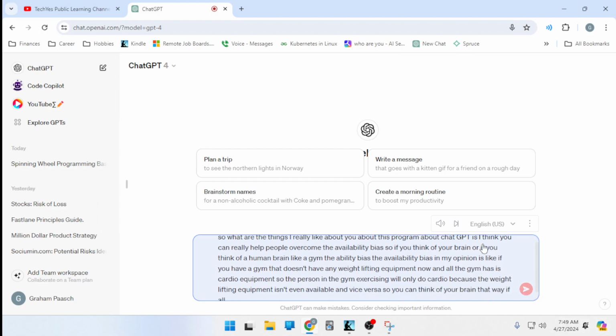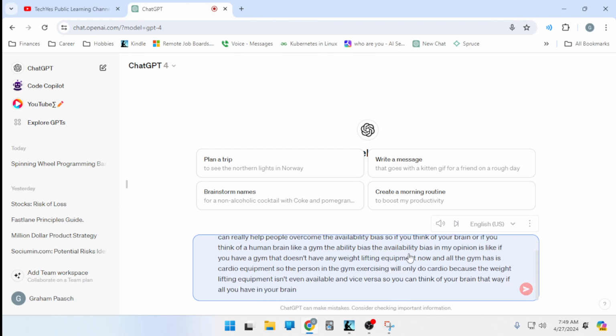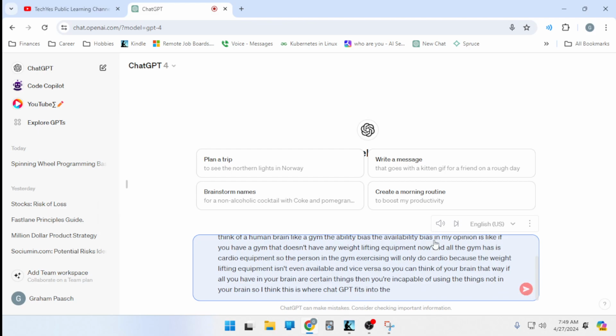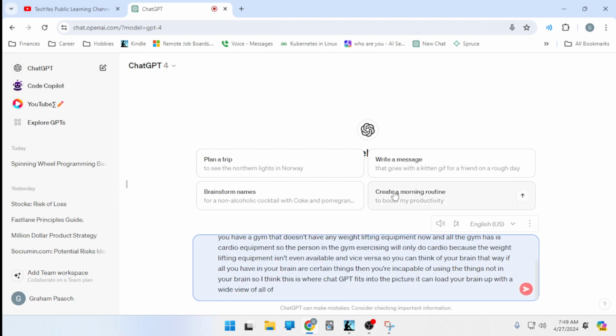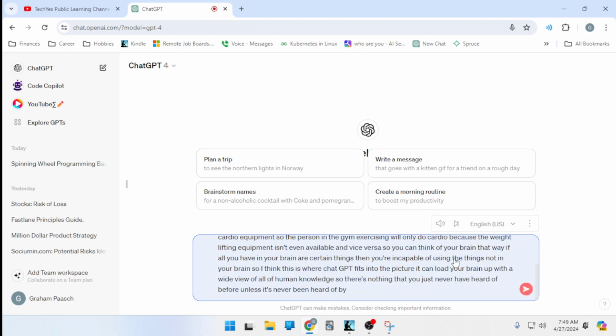If all you have in your brain are certain things, then you're incapable of using the things not in your brain. So I think this is where ChatGPT fits into the picture. It can load your brain up with a wide view of all of human knowledge, so there's nothing that you just never have heard of before, unless it's never been heard of by ChatGPT.